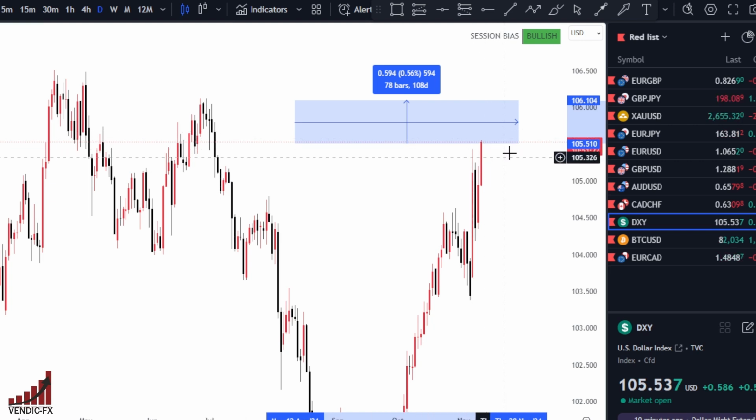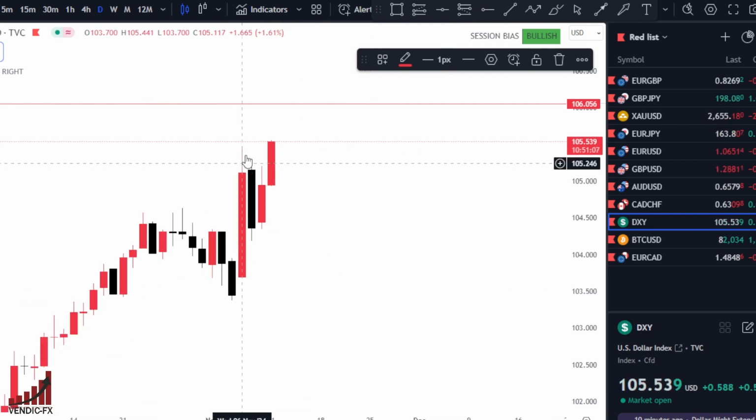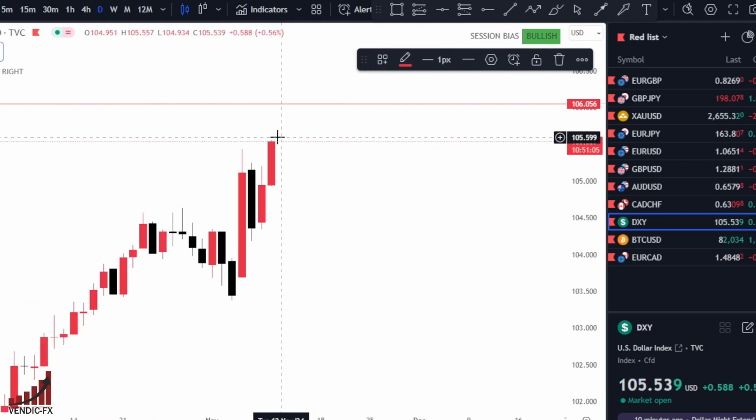So there's a high probability after setup one has been displayed here that we're going to get a clean move until we get to this resistance. Before we get to this resistance, that's when we can look for another price action setting up itself.